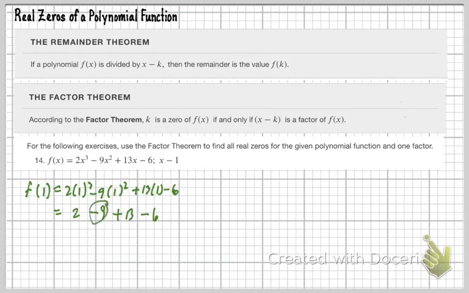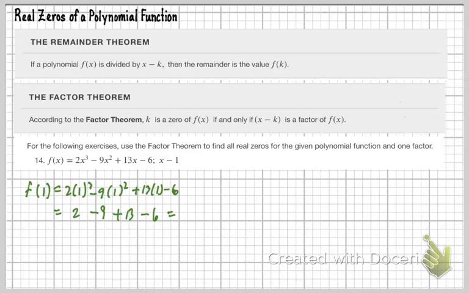If I look at all my negatives, that's 15. So altogether I get 0, which is what I should get because they said my x minus k, which happened to be x minus 1, was a factor. And that shows you that if a polynomial is divided by x minus k, the remainder is f(k). And that's what we see in here. So I just wanted to point out to you how these theorems work.